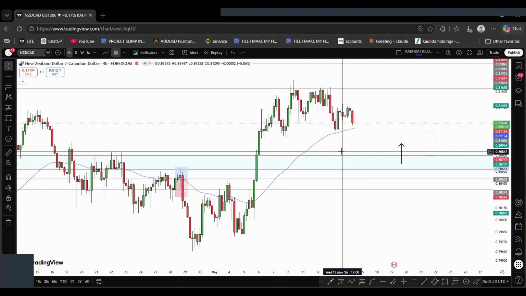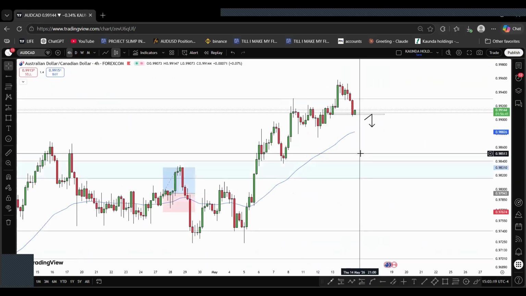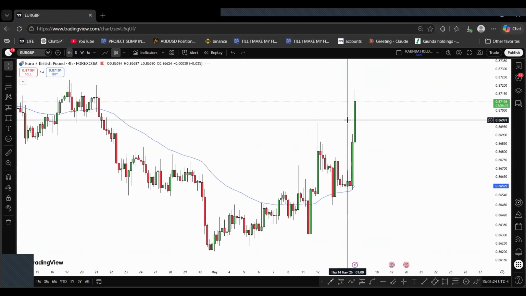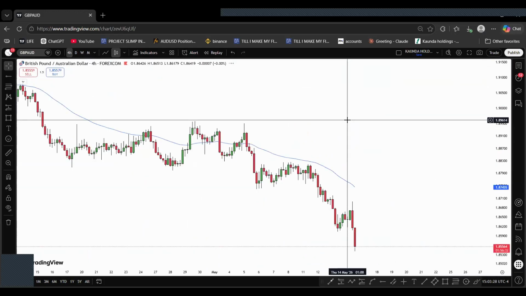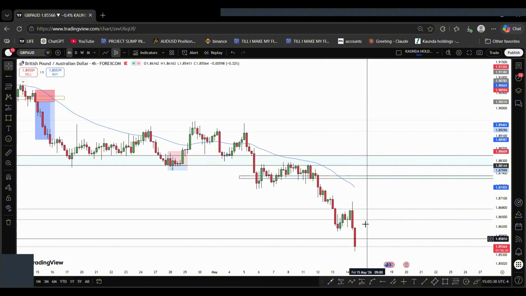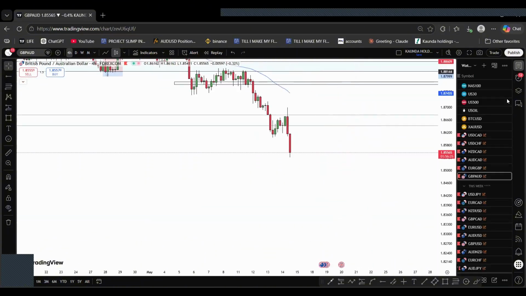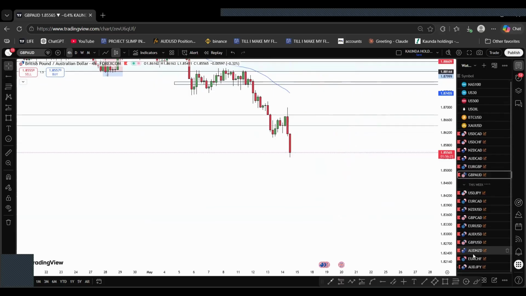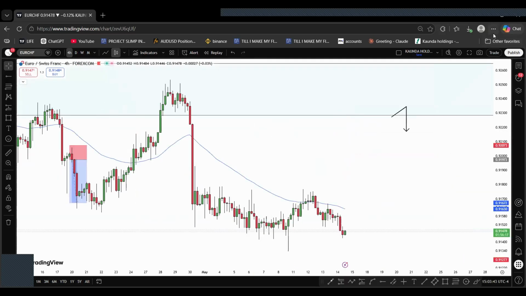NZD CAD, we are still waiting for a retest here, and UD CAD, still hoping for that 4-hour SOS. Euro GBP is out of our entry, and GBPAUD, this trade missed us. Let me just go through this pair, then we can call it a night.